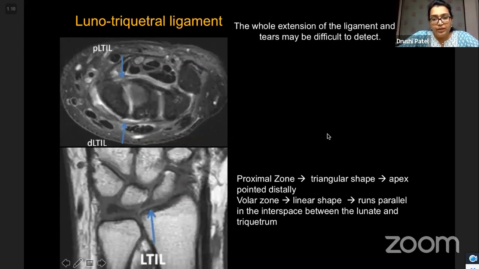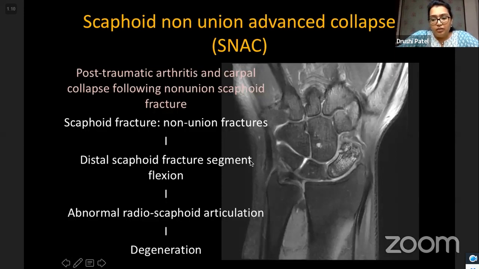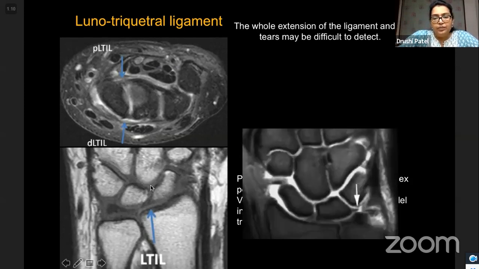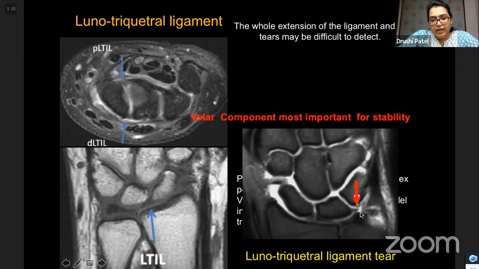Coming to the lunotriquetral ligament. The lunotriquetral ligament is a triangular ligament that is seen between the lunate and the triquetral bone. It has a triangular configuration at the proximal aspect, whereas at the volar aspect, it has just a parallel thin strip-like appearance. When you see a fluid signal at the level of the lunotriquetral ligament, it is suggestive of a tear.